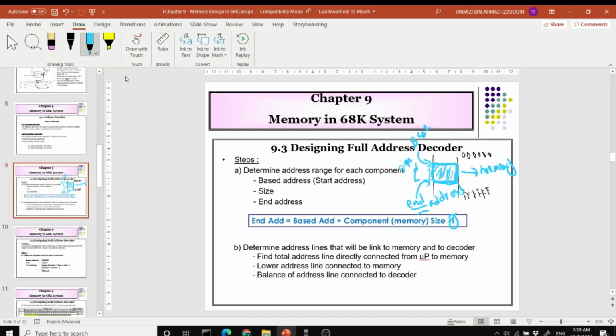You need to find the total address lines that are directly connected from the microprocessor to memory. The lines directly connected to the microprocessor and memory are via the address bus. And then you need to find the lower address line that is connected to the memory.